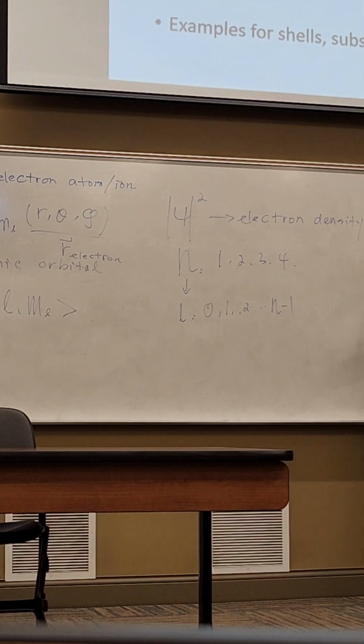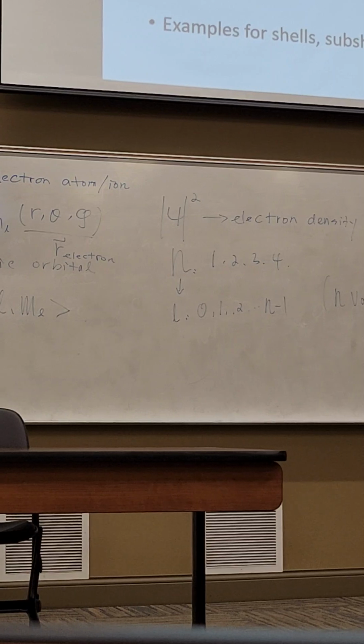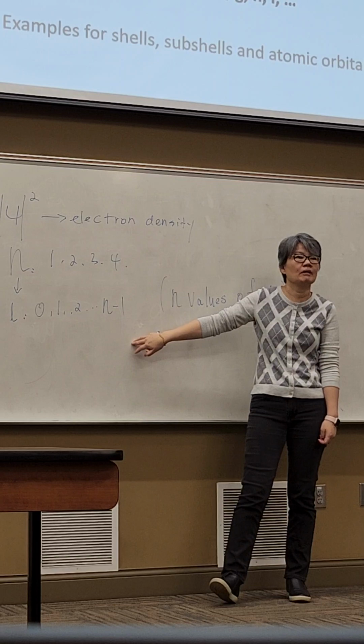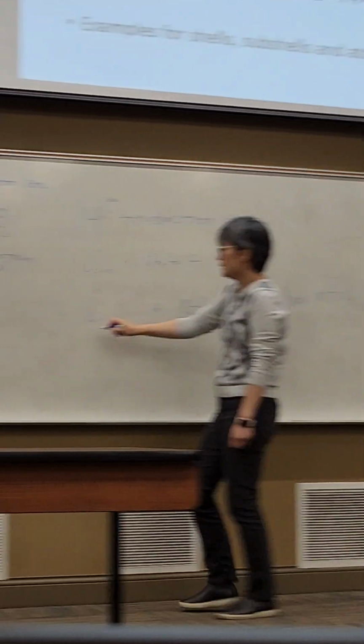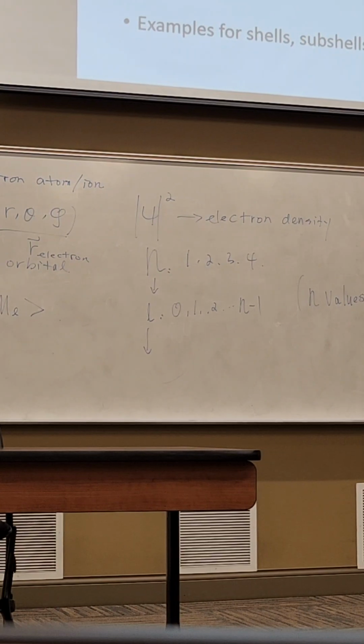The largest one is n minus 1. That's how you can tell the principal quantum number restricts the value of the orbital angular momentum quantum number l. How many values of l can you have? You're going to have n values of l, starting from 0, integers, all the way to n minus 1.